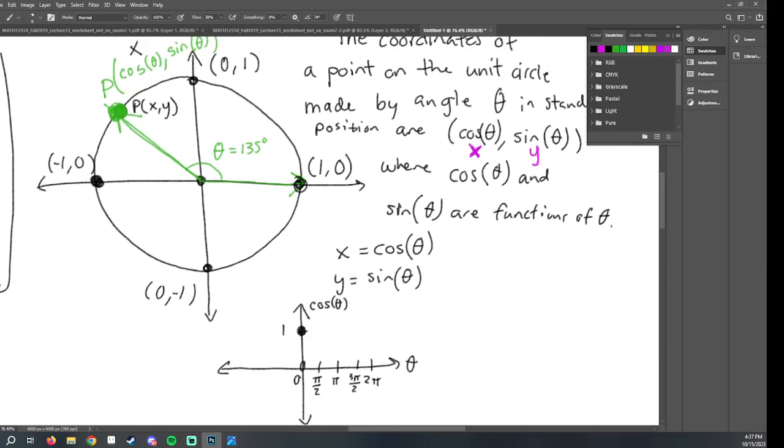Now, as our point moves up this way and it reaches this 90-degree angle, or this pi over 2 angle, right? This angle here would be pi over 2. We're going to get 0 for our x value, right?